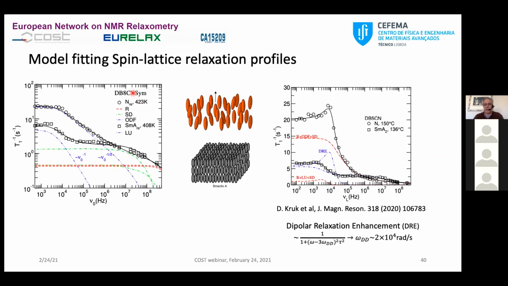But in fact, and Danuta has proposed recently this dipolar relaxation enhancement, it is possible that we are looking here not at the quadrupolar relaxation enhancement, but actually at the dipolar relaxation enhancement, which is very interesting. Of course, when we go to these very low frequencies, we might reach a limit when the Zeeman field is lower than the dipolar field.